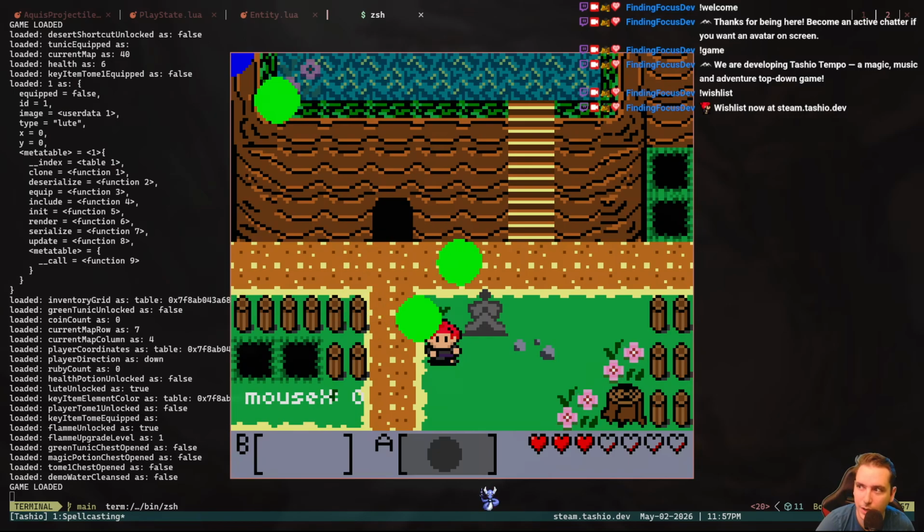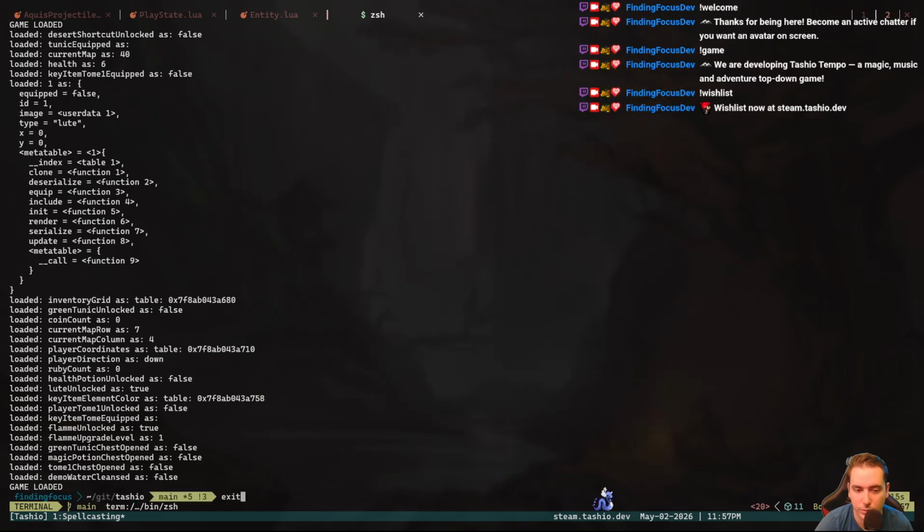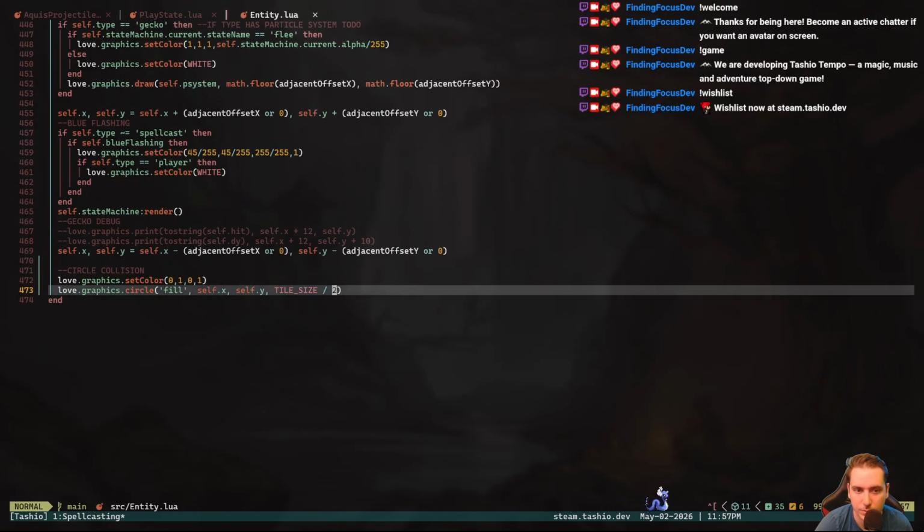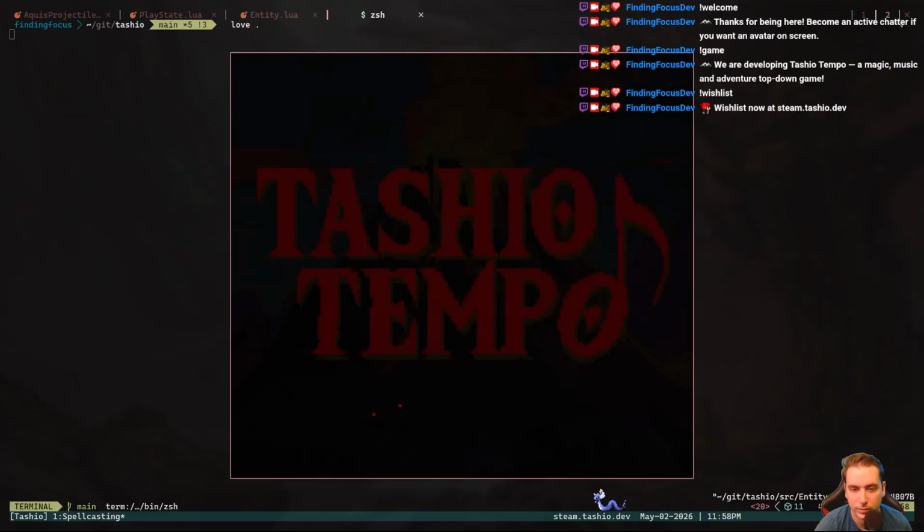Tashio is an entity. Spellcast entities are an entity. It's just that we're circling over the top right of us. We don't want to draw at the top left. We want to draw at the center of us.